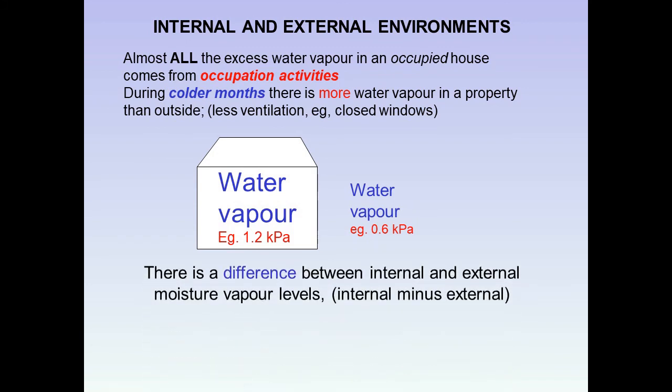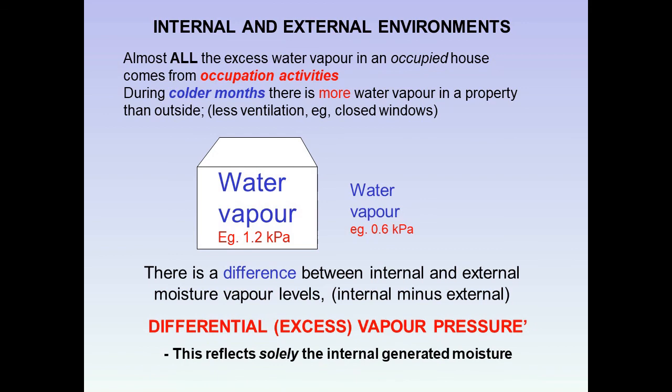So there is a difference, therefore, between internal and external moisture vapour levels. That is, internal minus external. This difference is very useful, and it is known as the differential or excess vapour pressure, and it reflects solely the internally generated moisture, because from the internals we're taking away the externals.